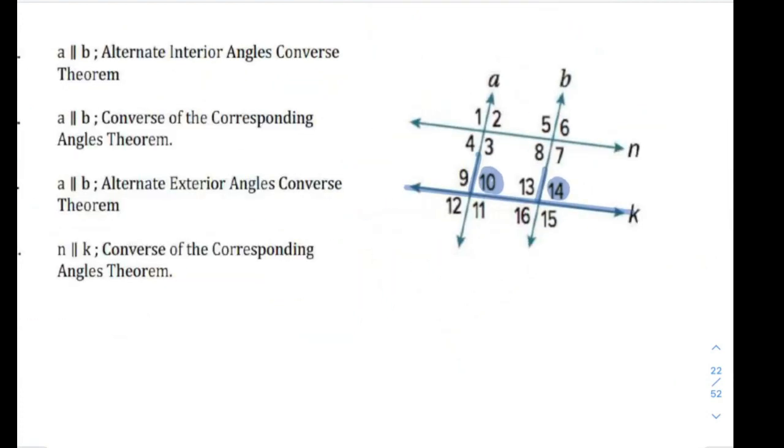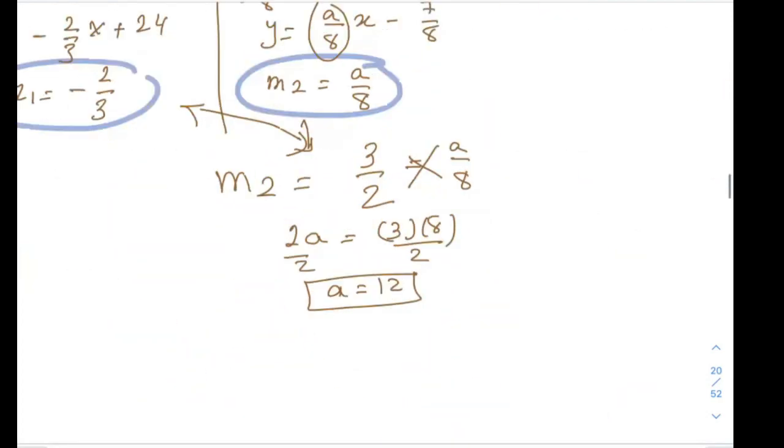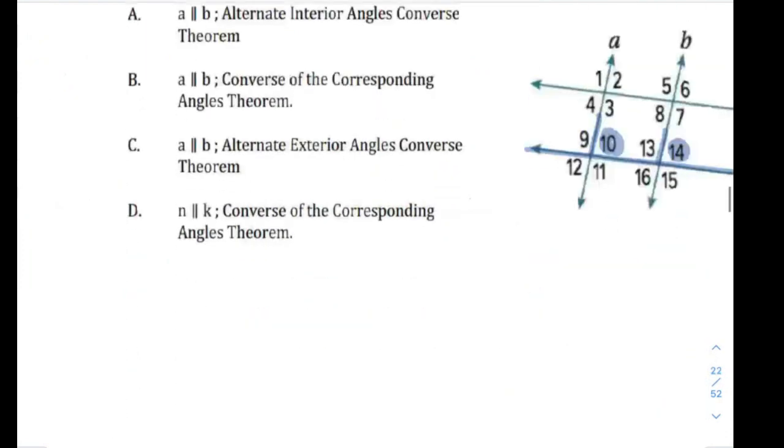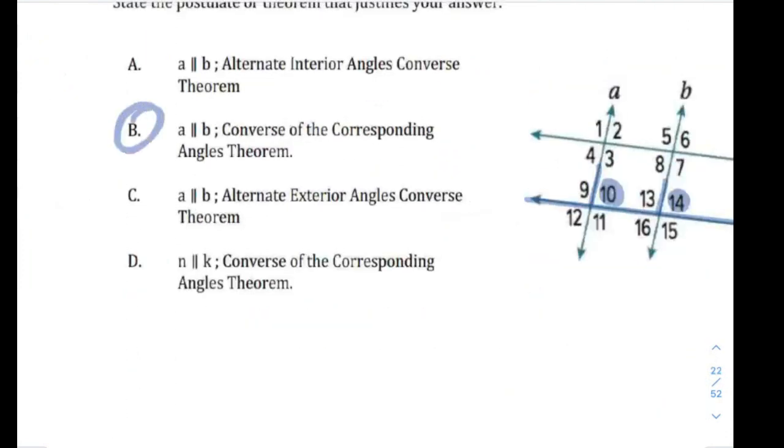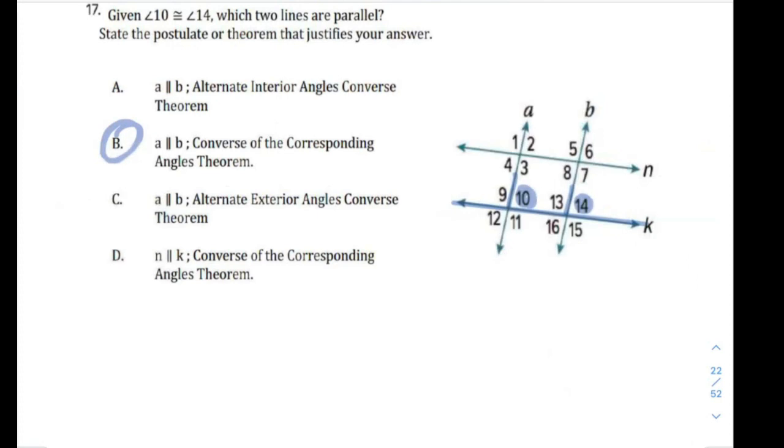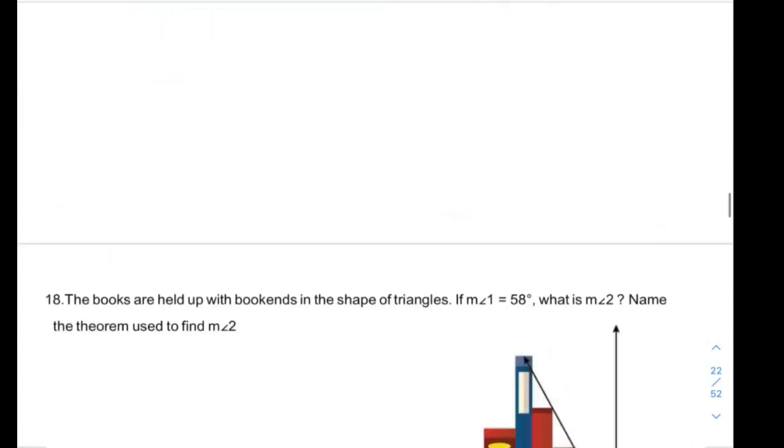That means the lines, rather than this transversal K, are this line cutting A and B. So that means A will be parallel to B, but which property? Converse of the corresponding angle theorem. So A is parallel to B, by the converse of the corresponding angles theorem.